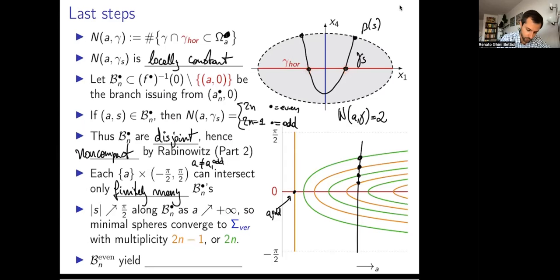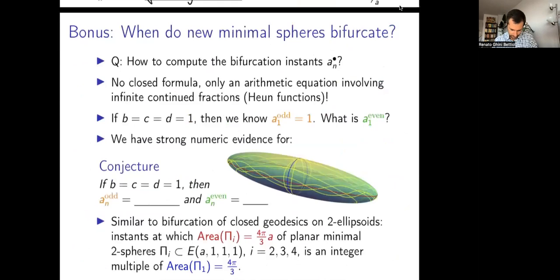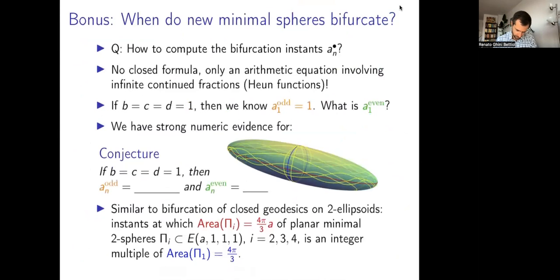All right, so as I mentioned before, the even branches yield free boundary minimal disks on hemispheres of ellipsoids. So really, to conclude this third part of the talk, I just wanted to mention one thing, which is, can we find these instances?